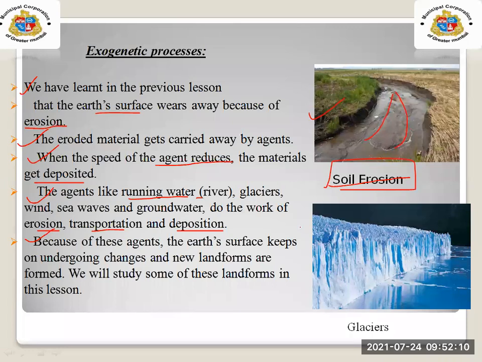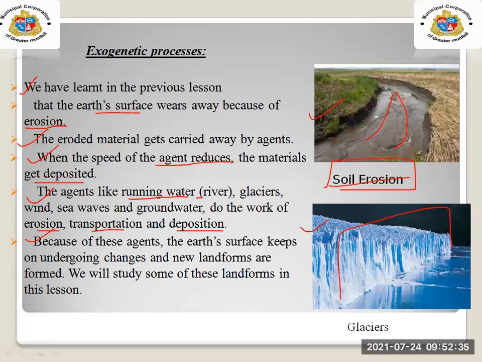Now what are glaciers? Glaciers means what, student? It is a huge ice, you can see on your screen. A glacier is a huge mass of ice that moves very slowly over the land.